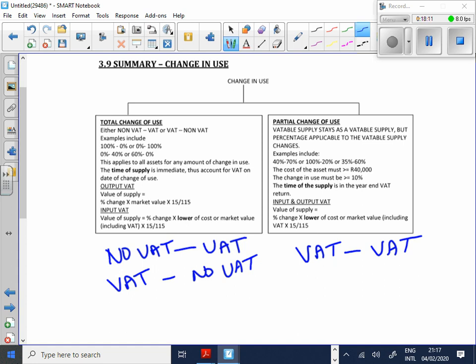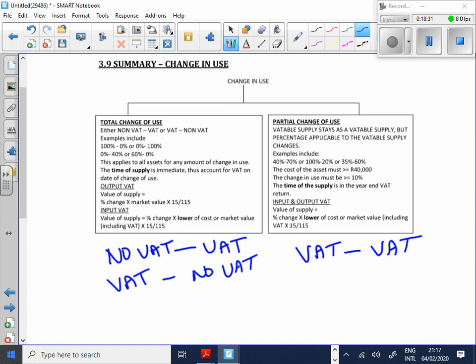If I buy a copy of silk, it would be below 40,000, and I'd have to adjust it. You understand it's not practical to do it for all assets. So for a partial change, it's only assets that are greater than or equal to 40,000, and we only adjust if it's greater than or equal to 10%. Are you guys comfortable with that?